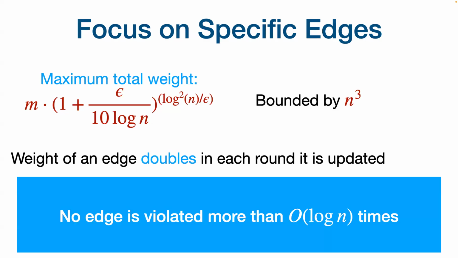Since the weight of one edge doubles in each round, the total number of rounds that it can double is again order log n only, because otherwise you just violate this. So we're comparing total weight to one single edge weight and saying that this one edge weight cannot exceed the total weight. So the total number of times you're doubling it is order log n.